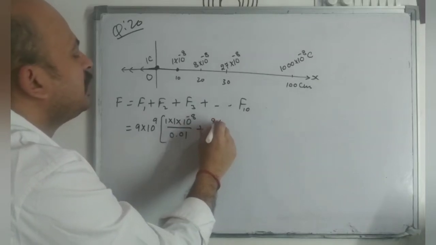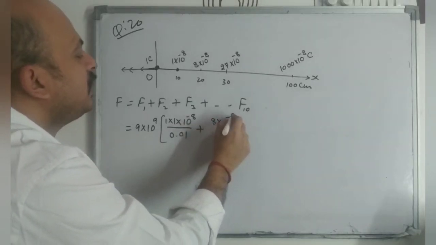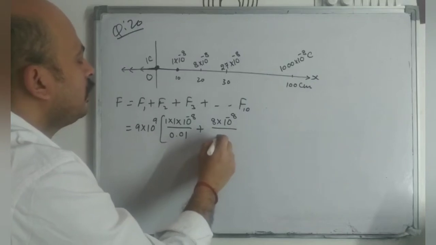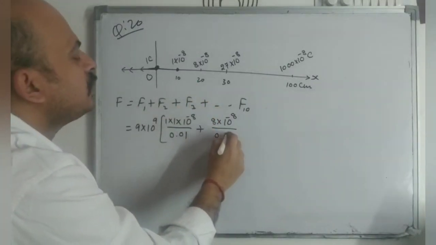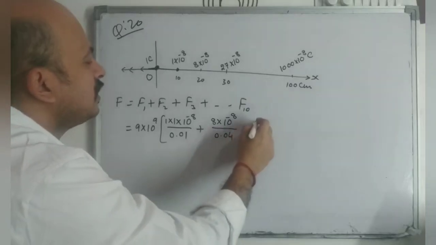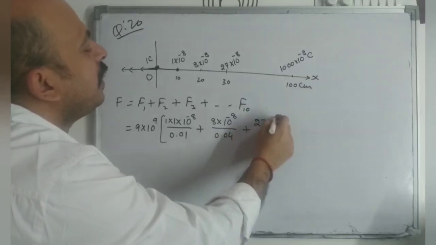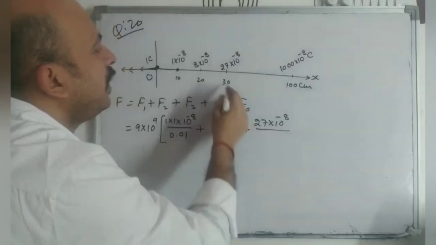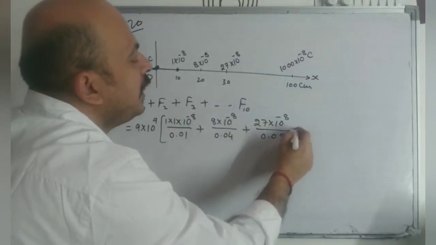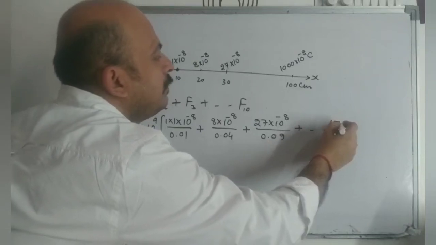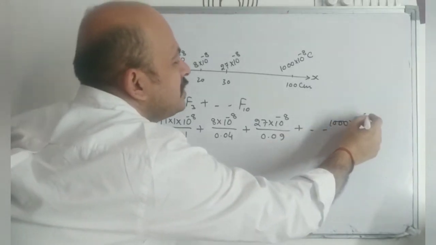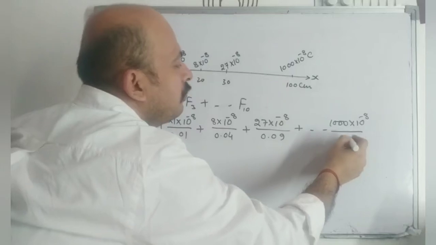Similarly, that will be 8 into 10 to the power minus 8 divided by 0.2 square, that is 0.04, plus 27 into 10 to the power minus 8 divided by 0.09, and so on up to 1000 into 10 to the power minus 8 divided by 1 square.